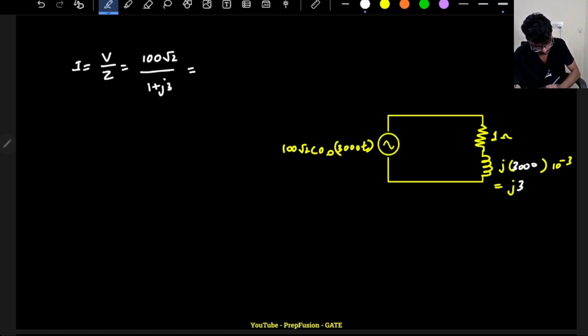So this will come out to be 100 root 2 divided by under root 1 plus 9. And the angle is what? Tan inverse 3, which is 71.56 degrees.